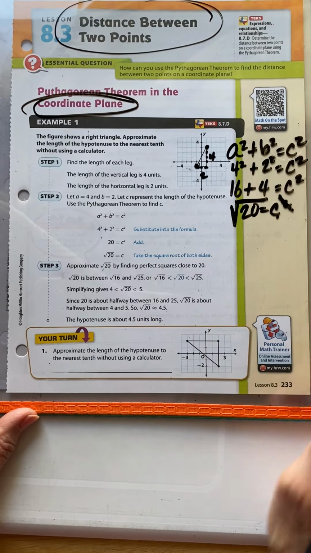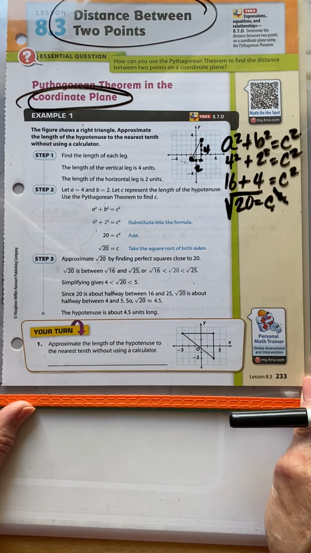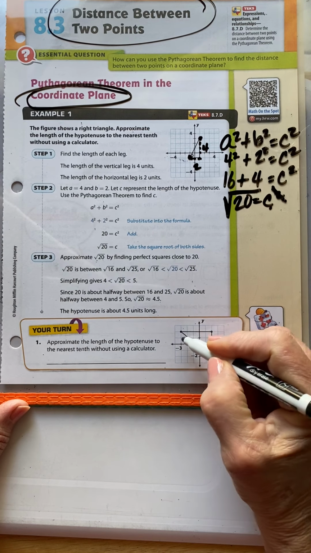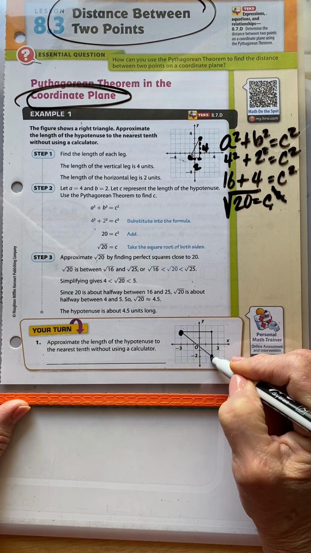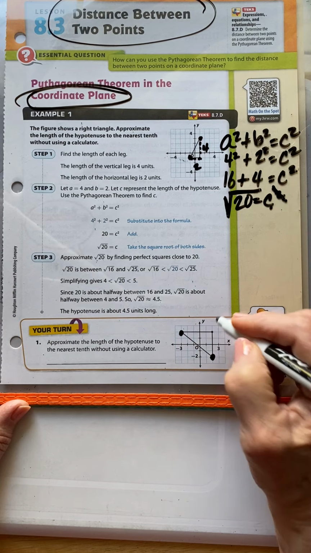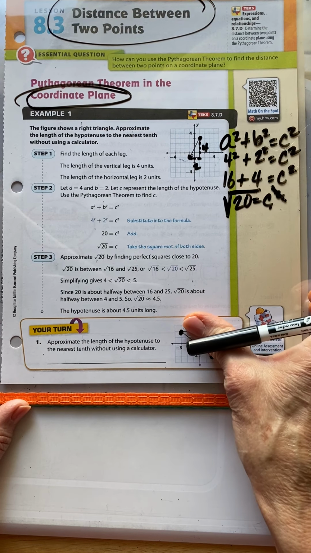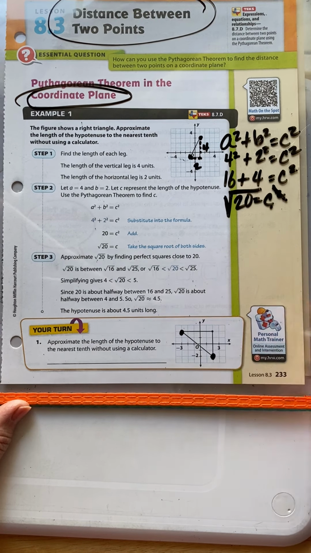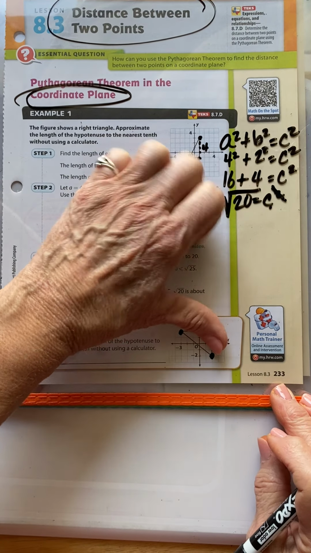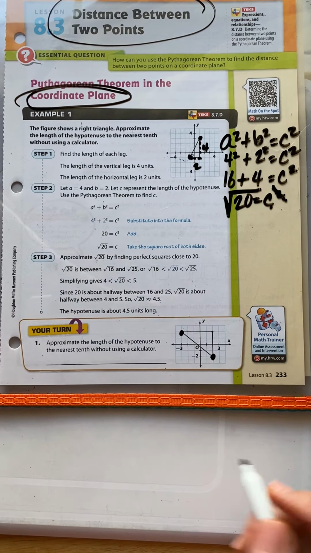So here, that's perfect. Let's take a look at your turn real quick and label. We want to know the distance between this point and this point. They might not even have that shown, class. They may just have the 1 point with 1 line, and they ask, what is the distance between these 2 points?